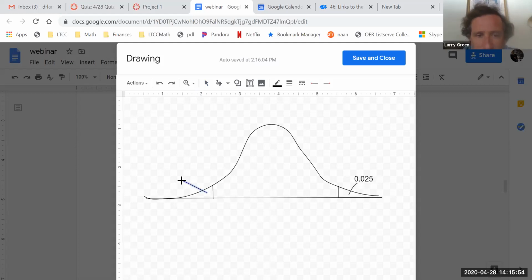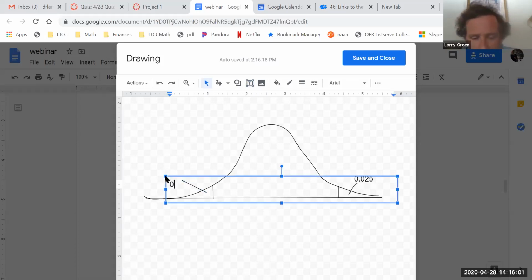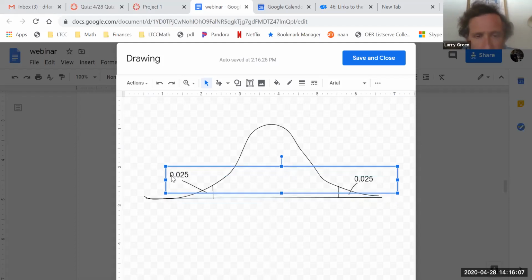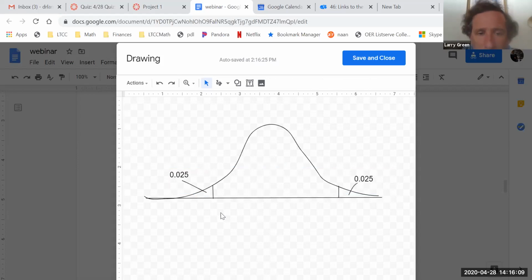So this area here is 0.025 also. Any questions at all on the picture so far?